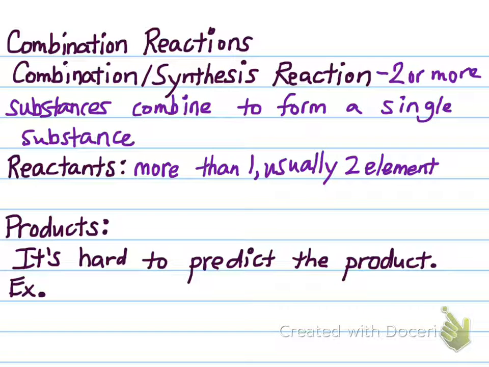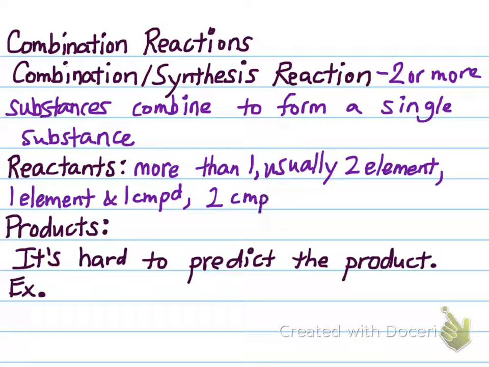Okay, but it could be 1 element and 1 compound, or it could be 2 compounds. Most of the ones that you're going to do are going to be 2 elements. But you could take an element and a compound and create just 1 compound as a product. And you can even take 2 different compounds and create just 1 compound as a product.